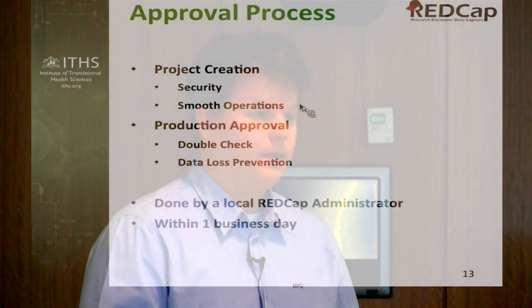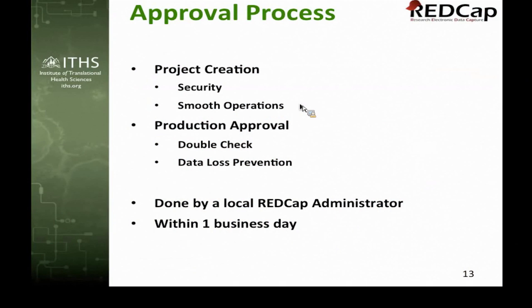There's basically two points in any lifespan of a project where I'm going to be actively involved. One is project creation. Main reason for that is that we want to keep a handle on how many projects are created and who is creating them. For instance, if you are going to send me 5 project requests with the same title, I'm thinking, okay, either something's wrong with your computer or your internet connection got lost or something, and we're only going to approve one of them.